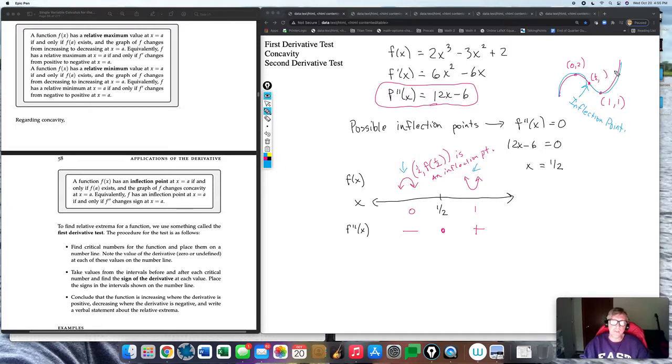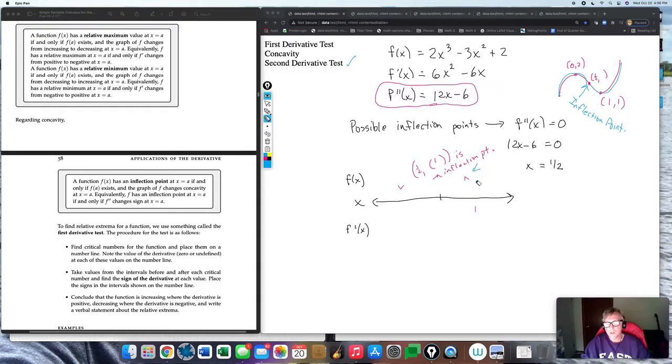Now our final thing to do with this function is the second derivative test. We're going to go back and look at these critical numbers again. Let me adjust my number line and go back to an earlier part of the video where we just had f prime, when we were doing the first derivative test.